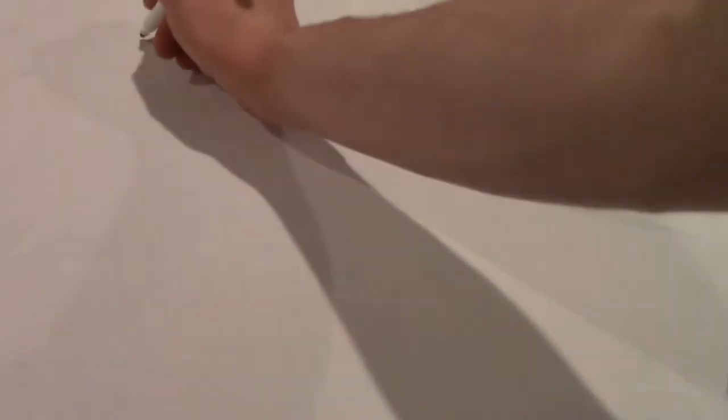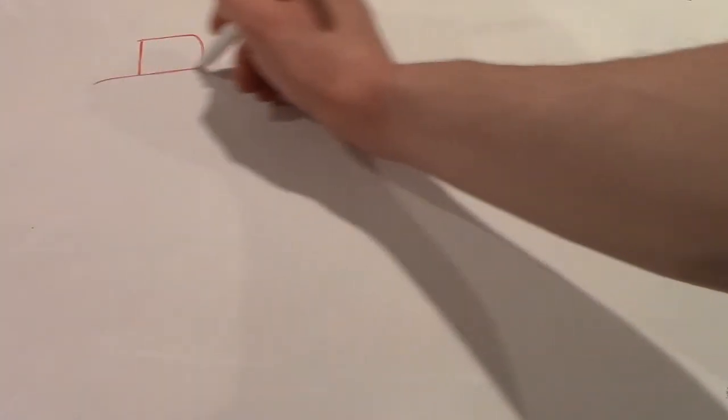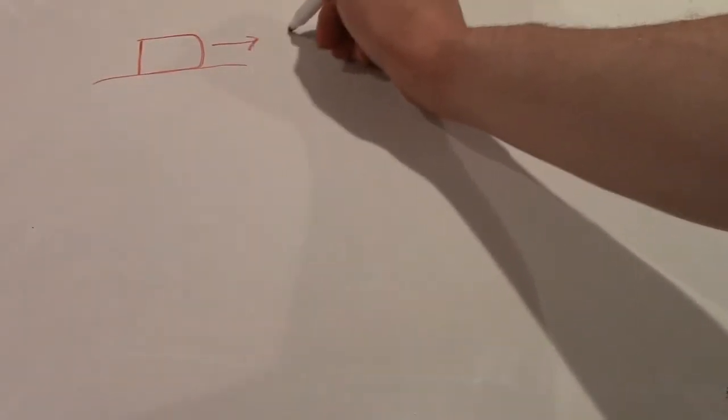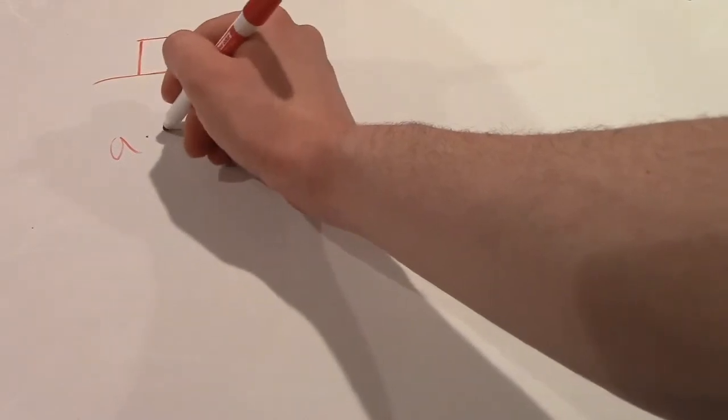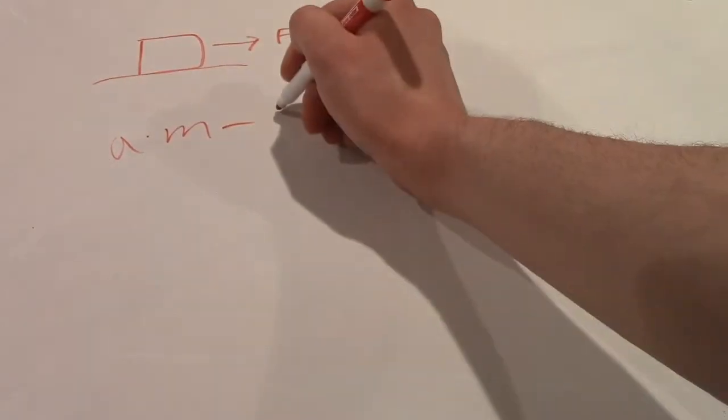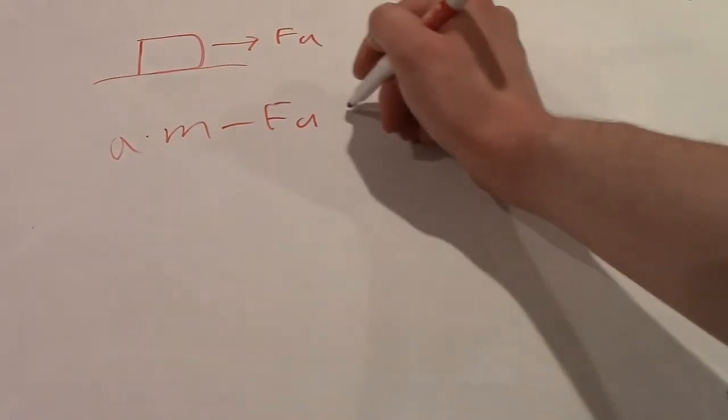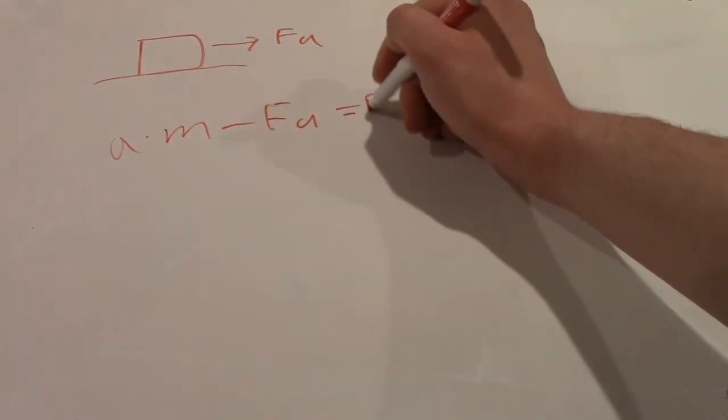Now, the way you calculate the coefficient of friction is you take an object resting on the surface, and you apply a force to it. You measure that object's acceleration, multiply it by that object's mass, subtract the force you applied to it, and that will equal your frictional force.